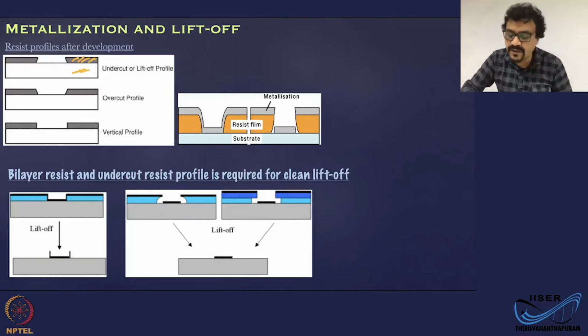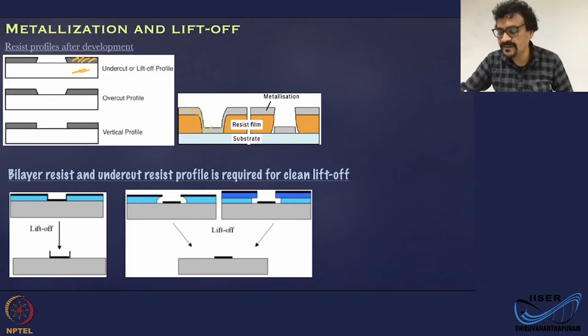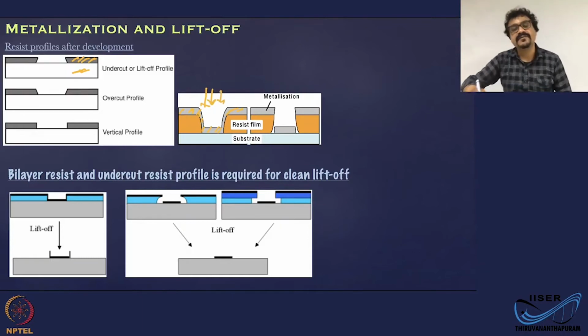In the overcut profile, the metal will get deposited throughout all this region when you do metallization. It will be a continuous film. Metal atoms come from here, from a source which is called a thermal evaporator or electron beam evaporator, or could be from a sputtering source. It will get deposited everywhere.